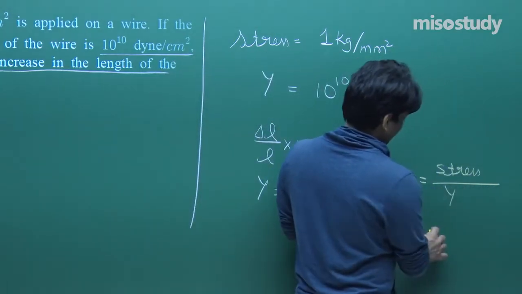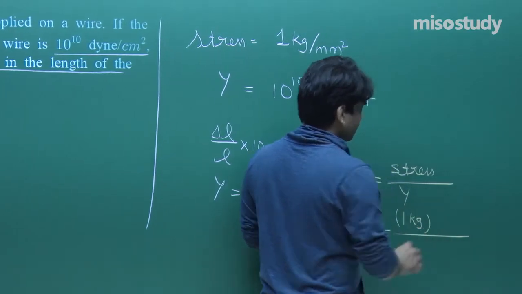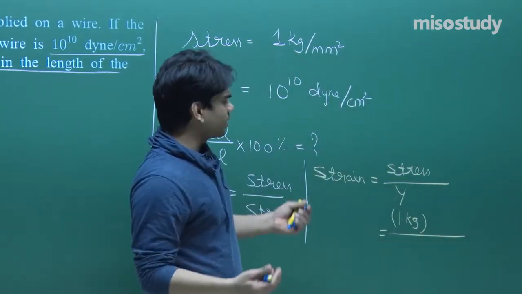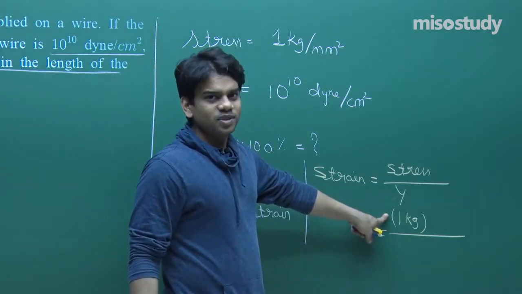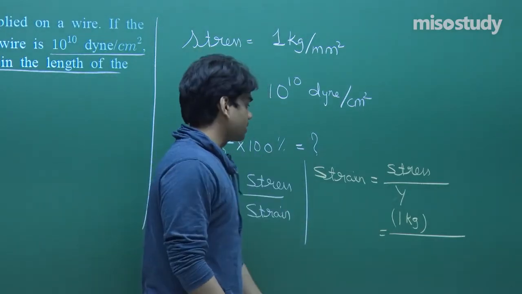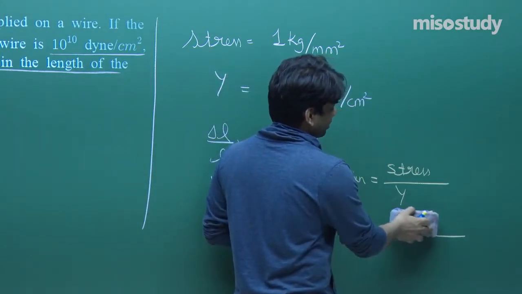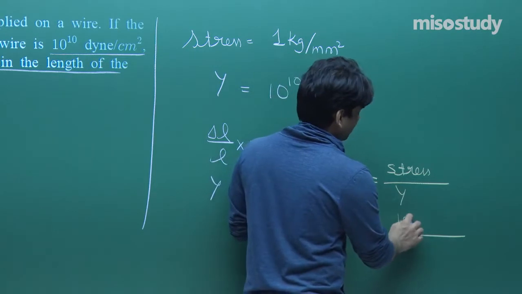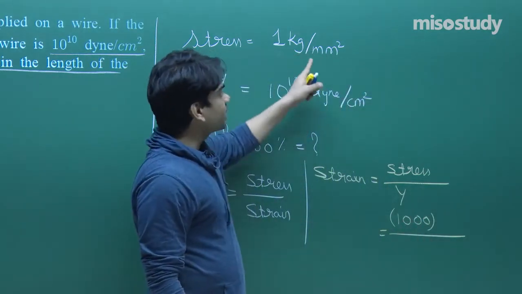Before going ahead, can we write the 1 kg in grams, 1000 grams? See why that would be helpful: while using dyne as the unit for Young's modulus, it would be in grams. So we can write stress as 1000 gram per square mm.